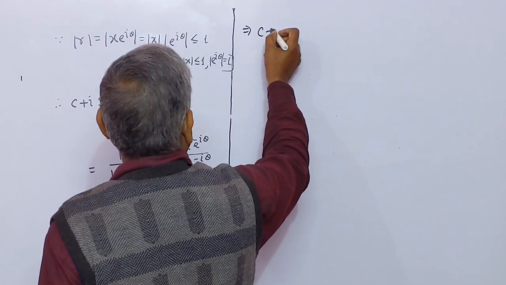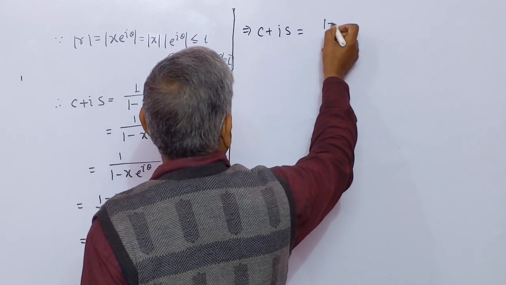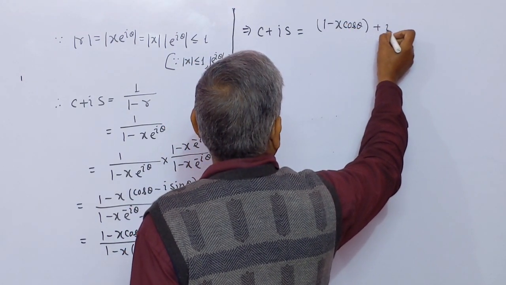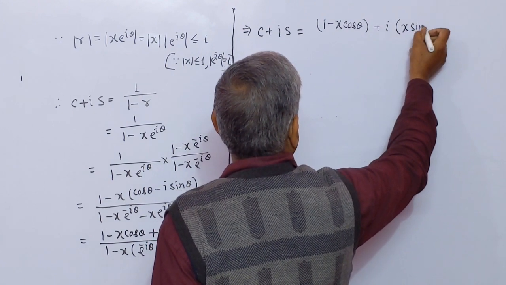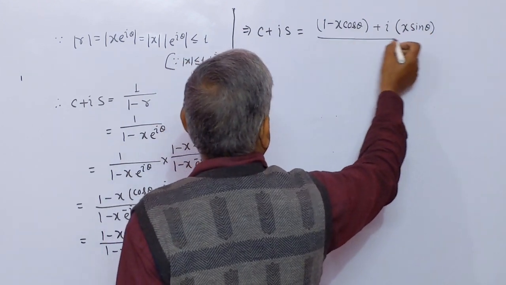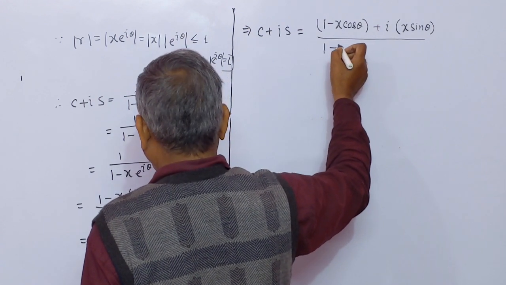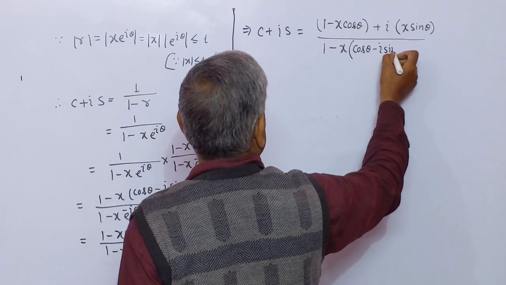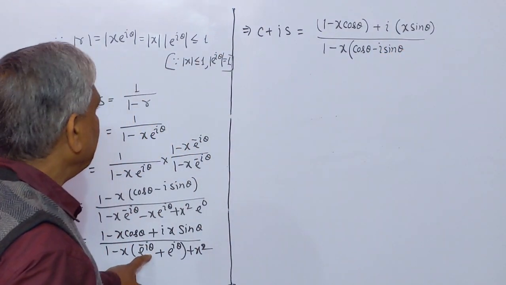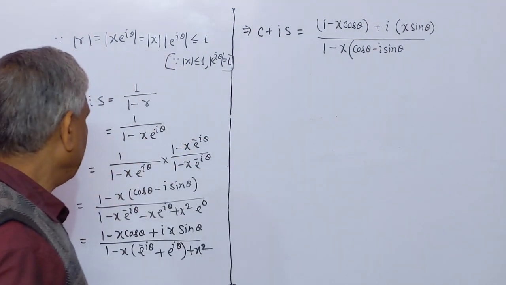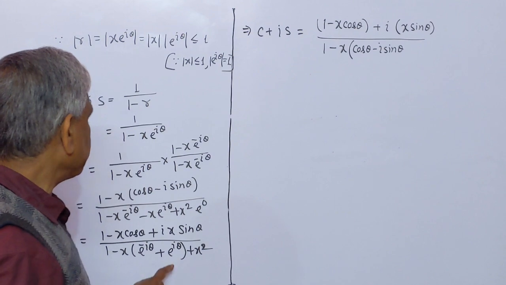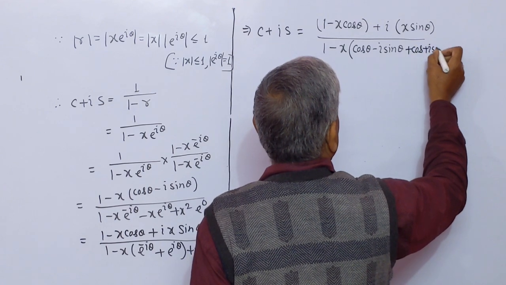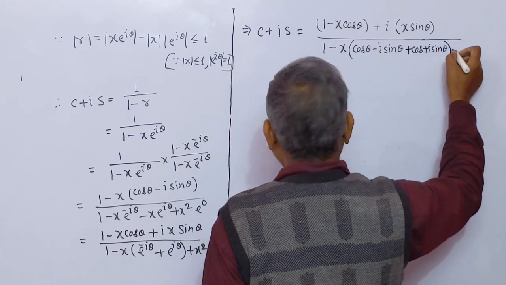This implies that C plus iS equal to 1 minus x cos theta plus i x sin theta by 1 minus x, where e to the power minus i theta equal to cos theta minus i sin theta and e to the power i theta means cos theta plus i sin theta, plus x square.